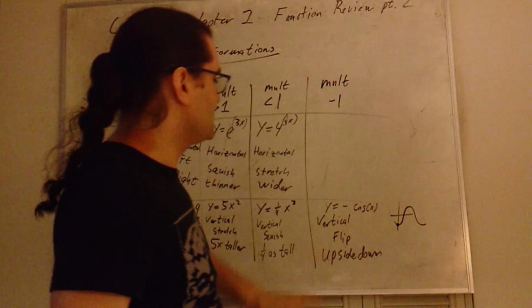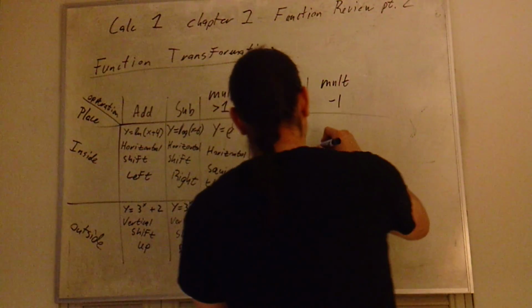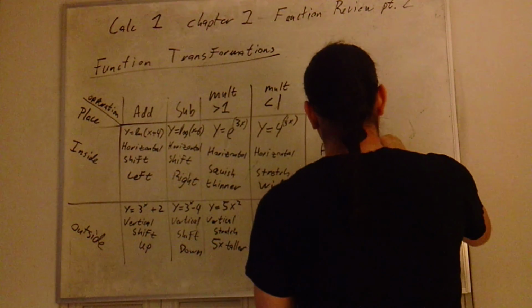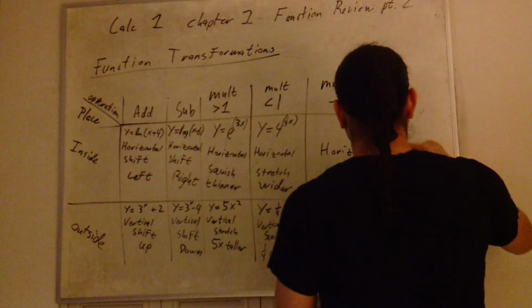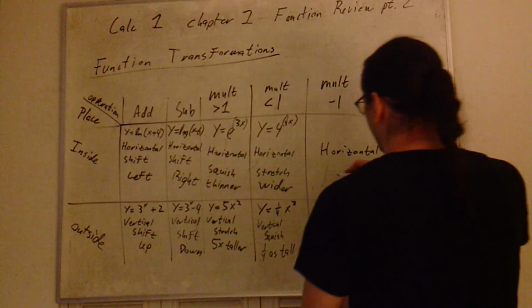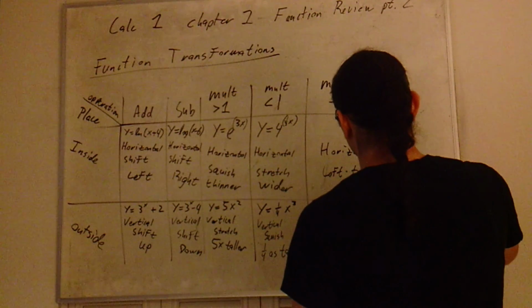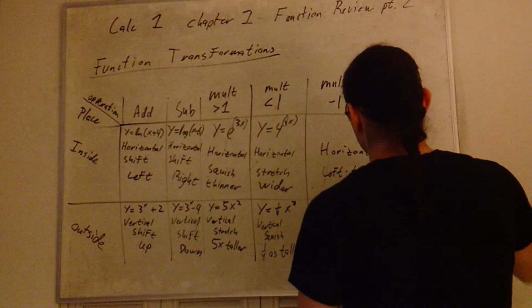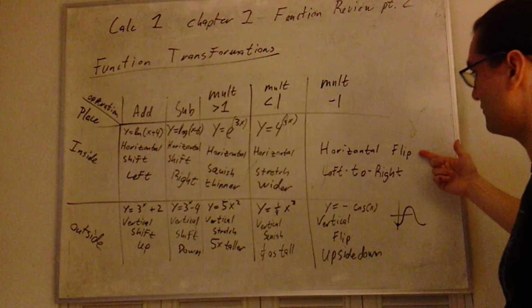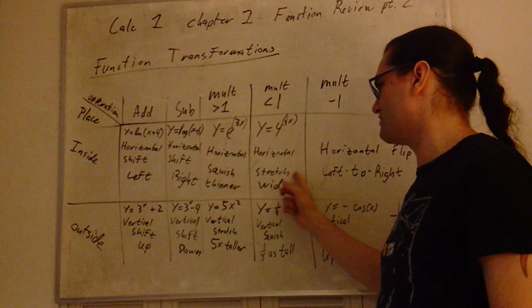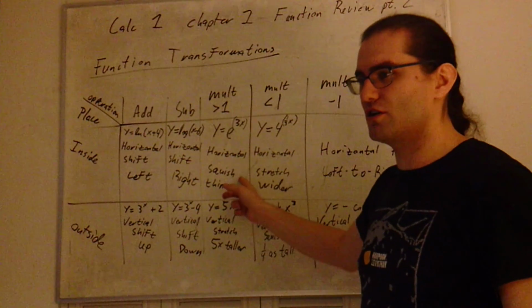Multiplying by -1 is still going to give us that flip. There's really no directionality to this. This will give us a horizontal flip left to right. And again, this is technically a reflection. I think this is still a stretch. This is technically a compression.